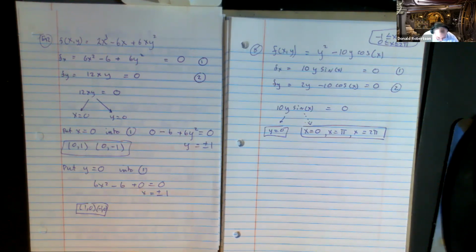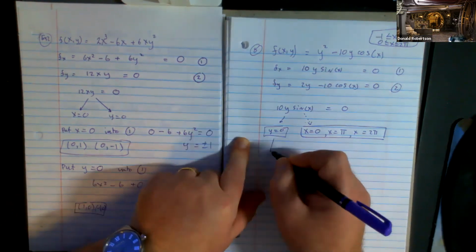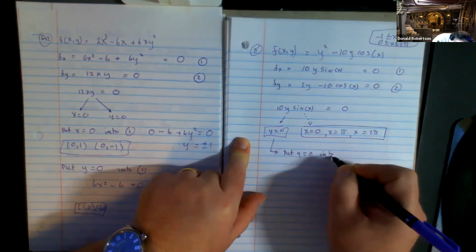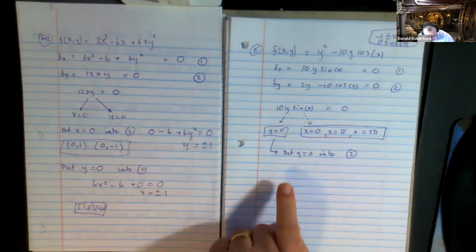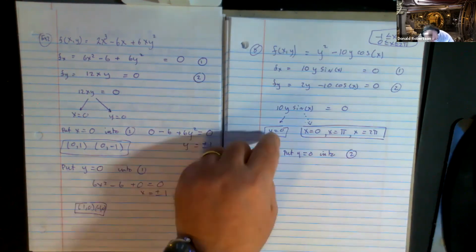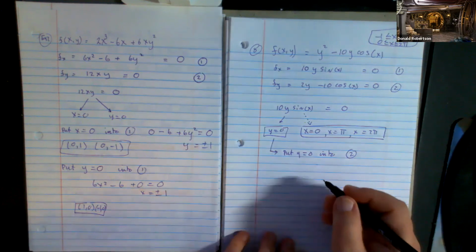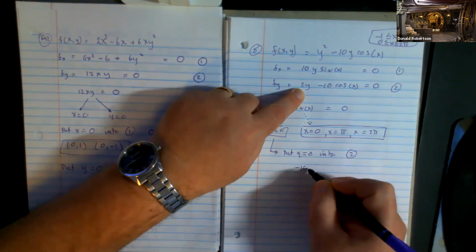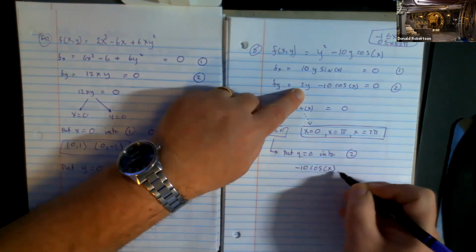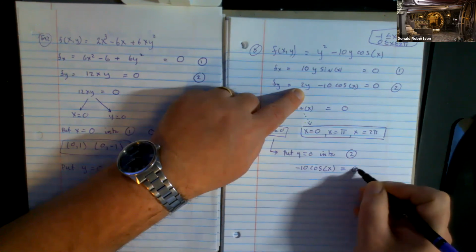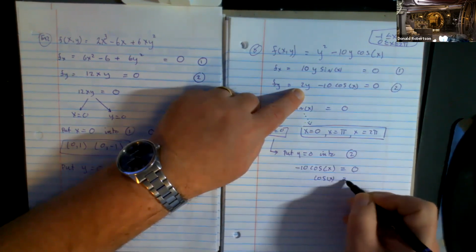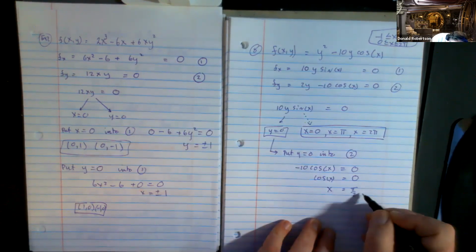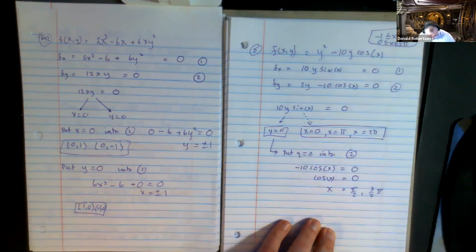Now, focus on Y equals 0. I'm going to put Y equals 0 into equation 2 and see what the X's need to be. When we put them together, they will be critical numbers. I'm going to get nothing out of that, and -10 cosine X has to be 0, which means cosine X has to be 0, which means X will have to be pi over 2 and 3 pi over 2.